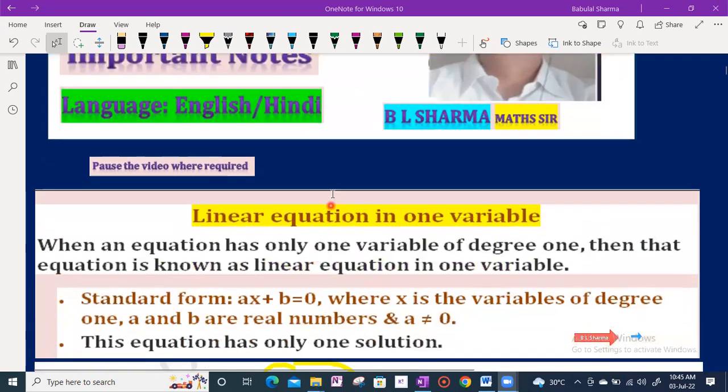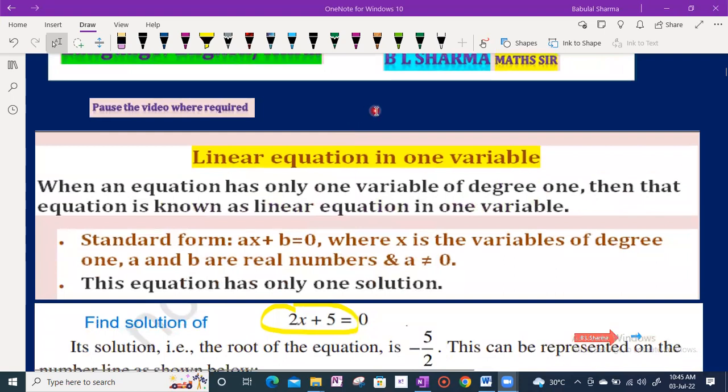So here, first of all, before doing linear equations in two variables, we should discuss linear equations in one variable. When an equation has only one variable of degree 1, then that equation is known as a linear equation in one variable.